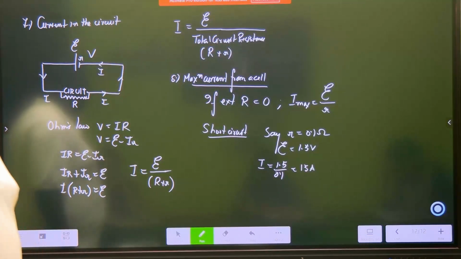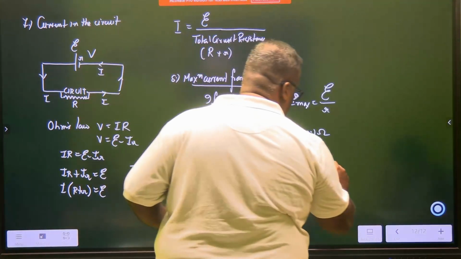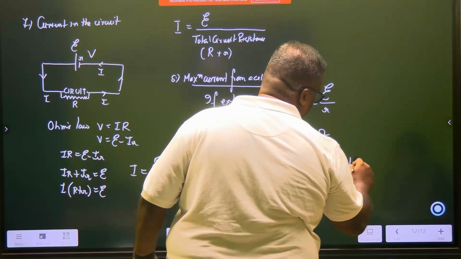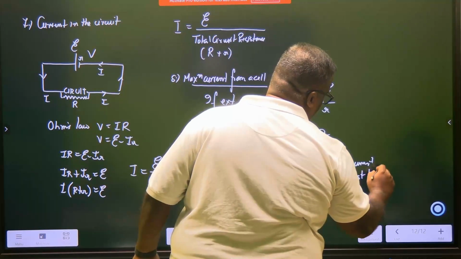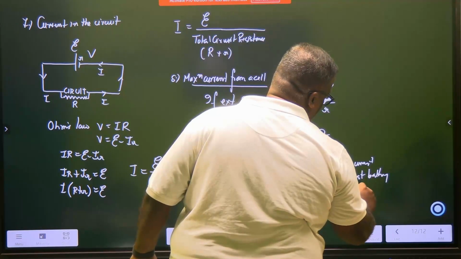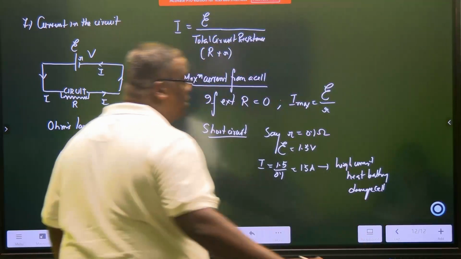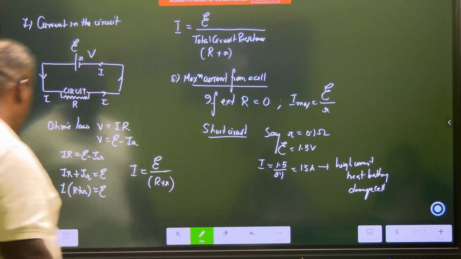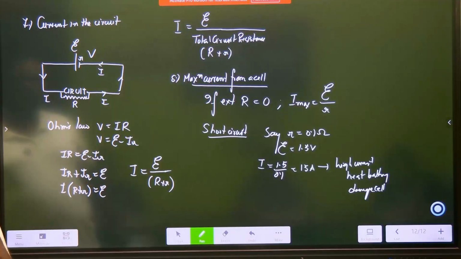Very high current. This can heat the battery and can also damage the cell. In fact, if you do this, you will see a big spark coming up. Tak karke spark aa jayega. Fine so far.